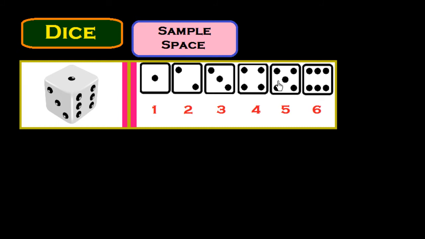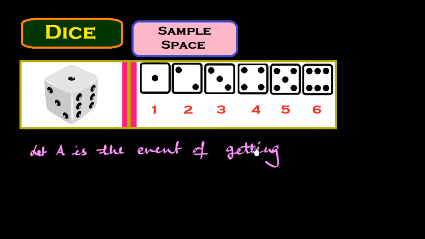If we have an event A, the event of getting 4, then as per the definition or formula of probability, the probability of A is equal to the number of favorable outcomes.